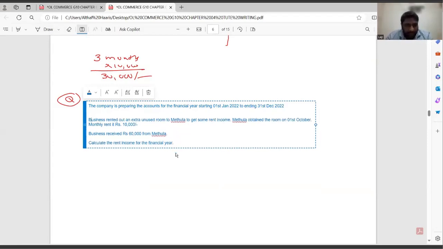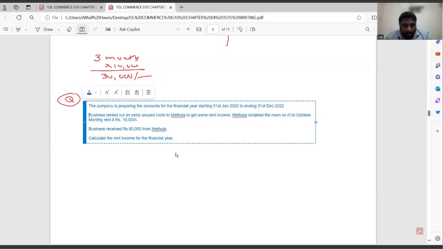Business rented out an extra unused room to Methula to get some rent income.